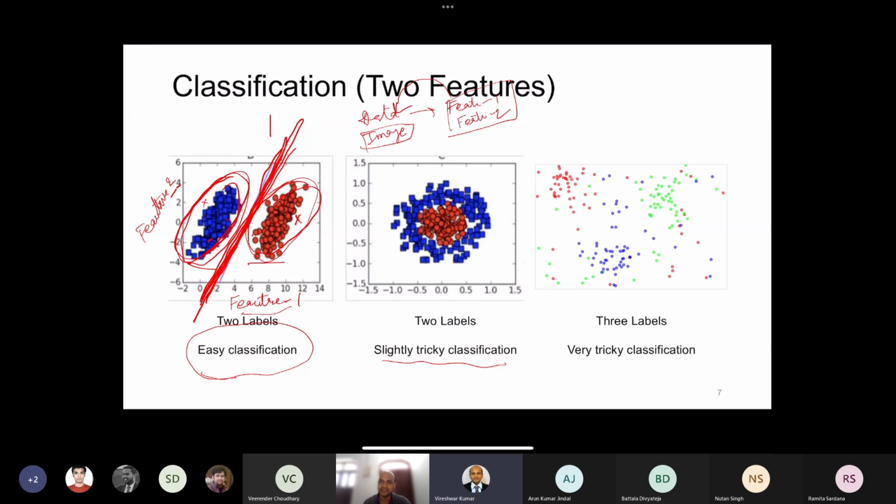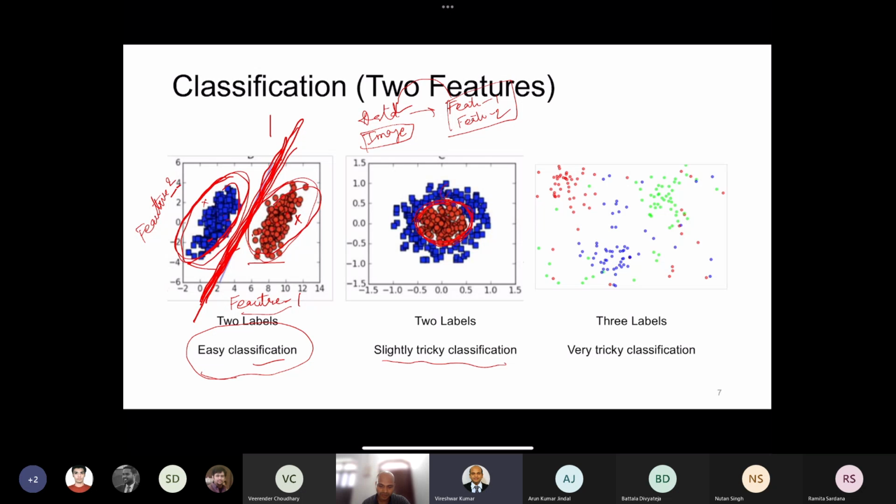A simple but slightly more complex boundary than this linear one would be a circle. So if you see that all these red data points are within a circle, and all these blue data points are outside that circle, then even though this is slightly trickier than the first example, it is very easy for a machine learning algorithm to learn what is an attack and what is not an attack.